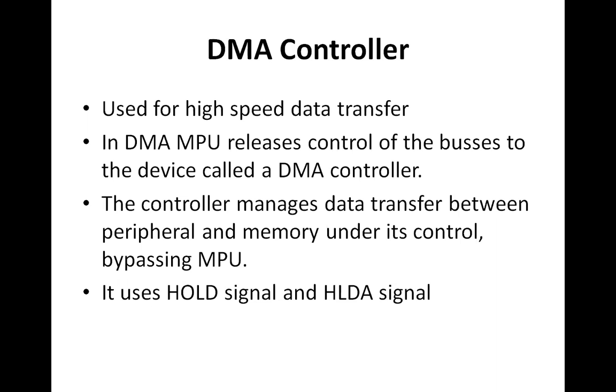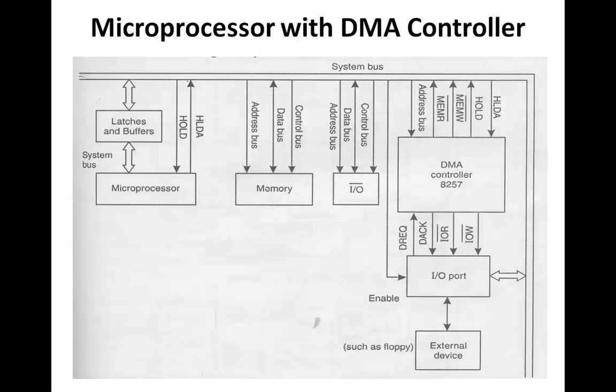This controller is going to manage the transfer of the data between the peripheral and the memory under its control, and it is going to bypass the microprocessor unit. For that particular purpose, as you know, it will be using the hold and the hold acknowledge signal.